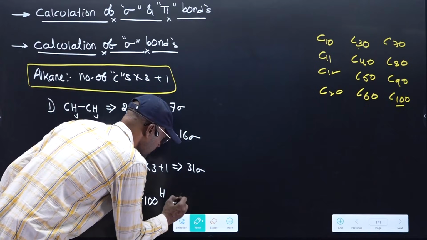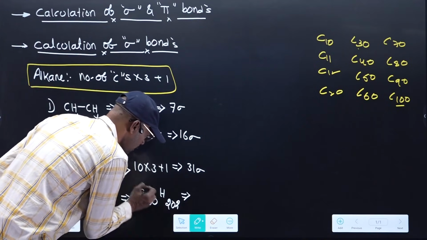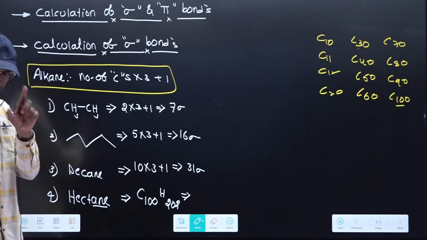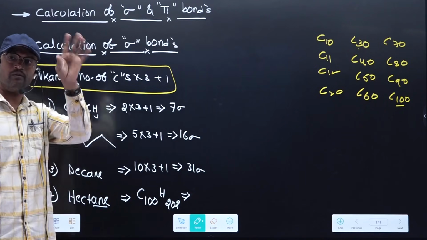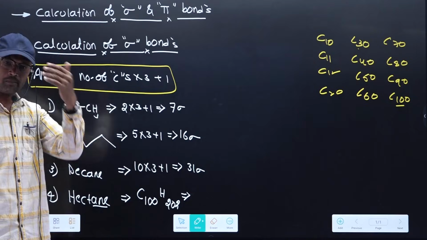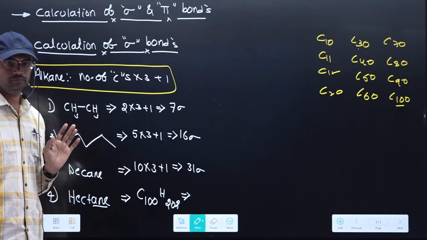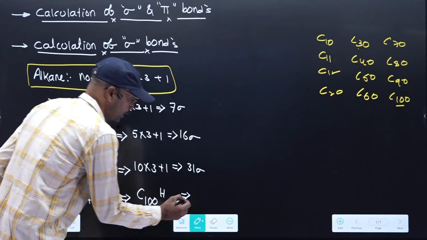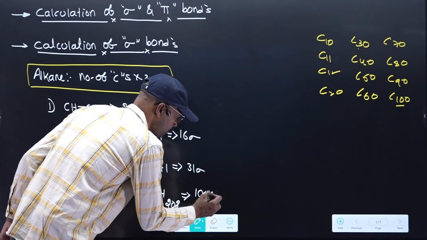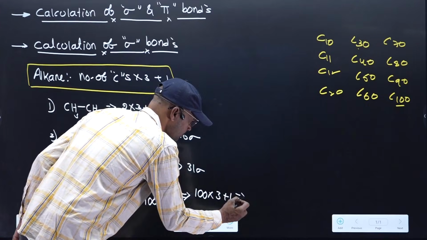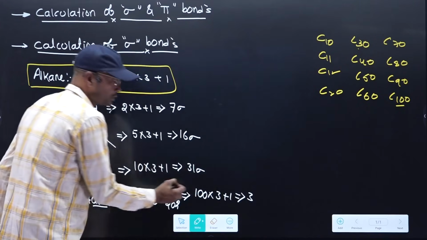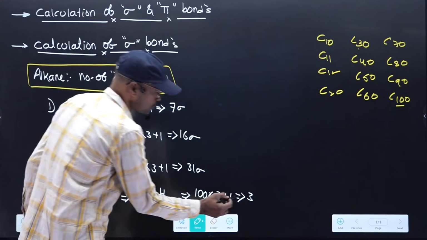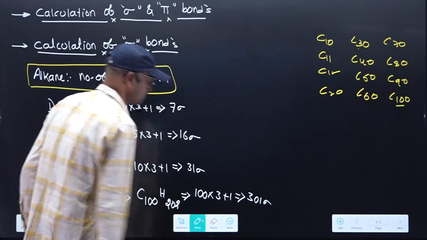It is 202. Based on hydrogen, we can confirm whether it is alkane or alkene. Every time, double the number, add 2: alkane. Double the number, leave it: alkene. Double the number, minus 2: alkyne. So how many sigma bonds are present? Number of carbons, 100 multiplied by 3 plus 1. So 300, 301. Finally 301 sigma bonds.